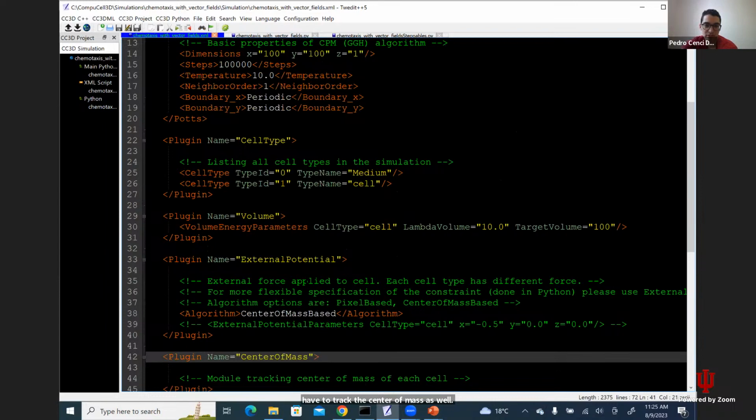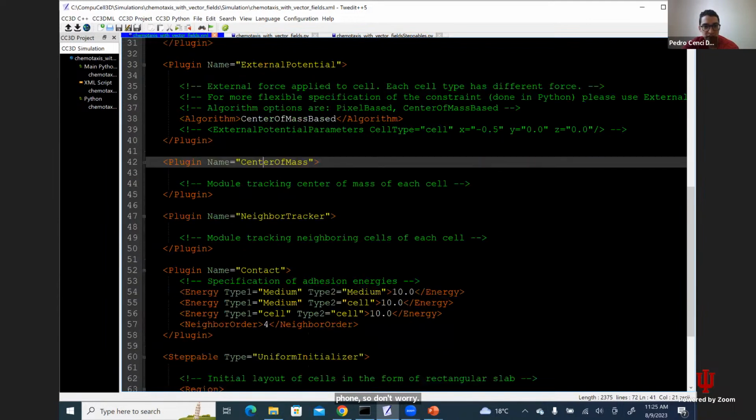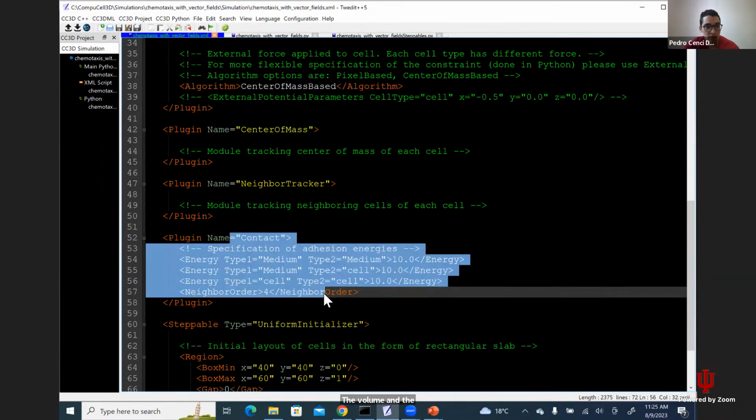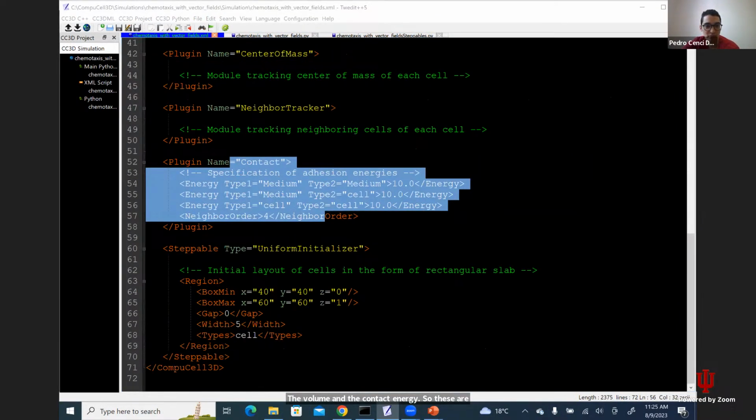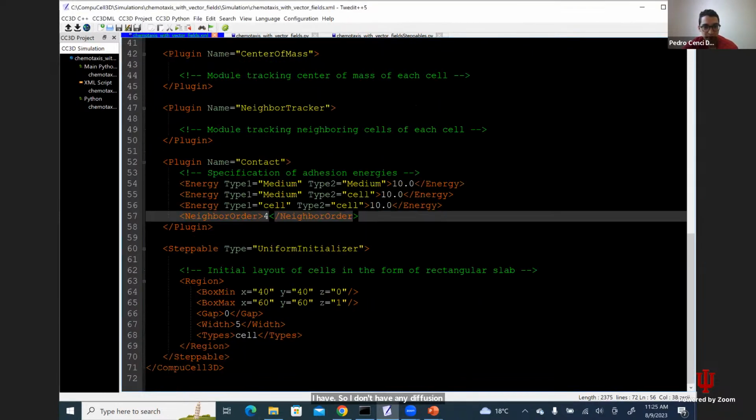It is loaded by default, so don't worry. The volume and the contact energy. So these are all I have. I don't have any diffusive fields, okay, which makes the simulation run faster. And the uniform initializer, just creating a few cells in the middle of the lattice, and that's it.